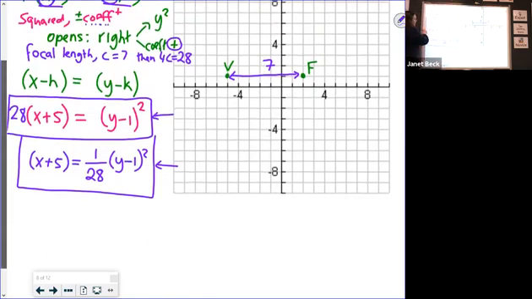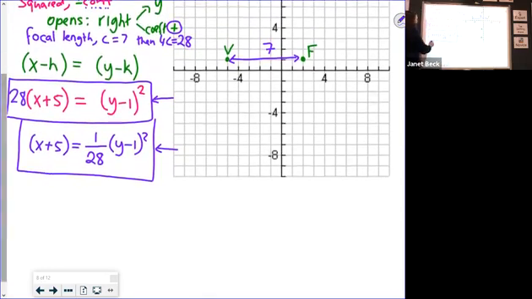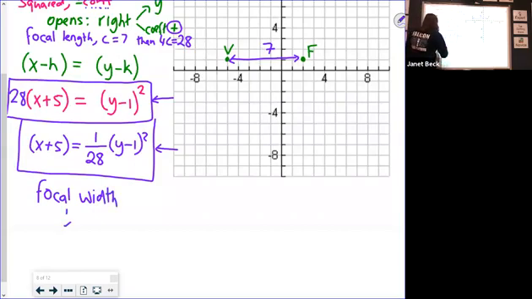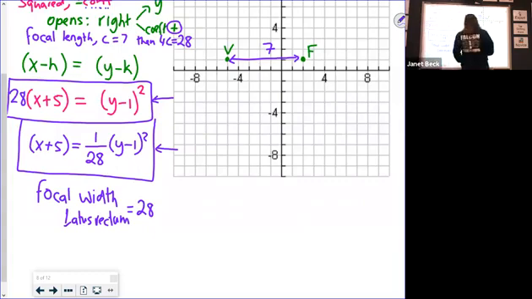So we have to graph this. Now we know the focal width, otherwise known as the latus rectum, is that 28. That's the width at the focus. So there's the focus. The whole way across must be 28. So to do that, I'd go up 14 and down 14. And you know what?